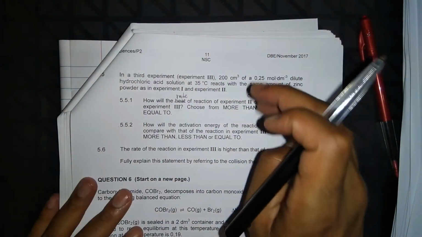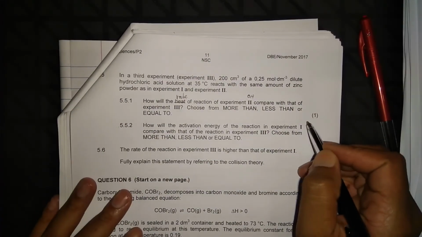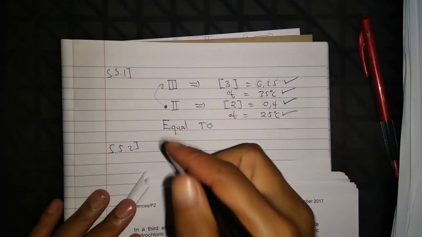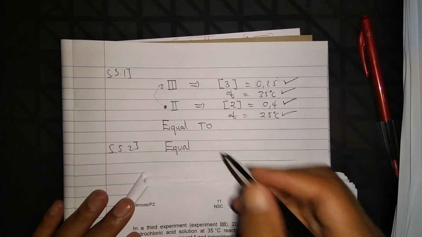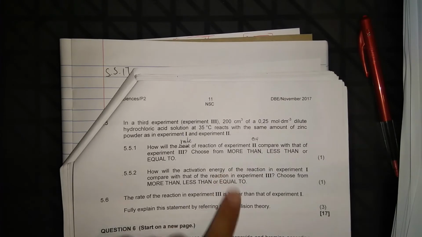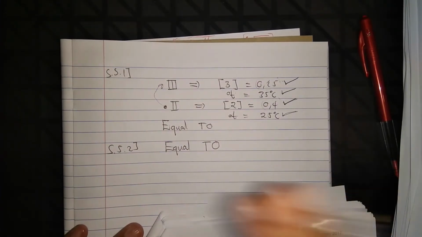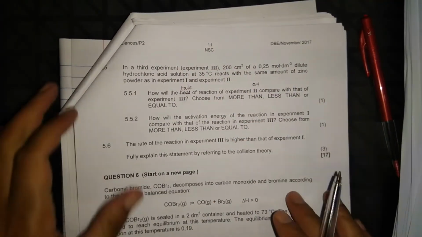Since in experiment 3 no catalyst was used, as well as in experiment 1, the activation energy will be equal, because the only thing that changes activation energy is a catalyst.